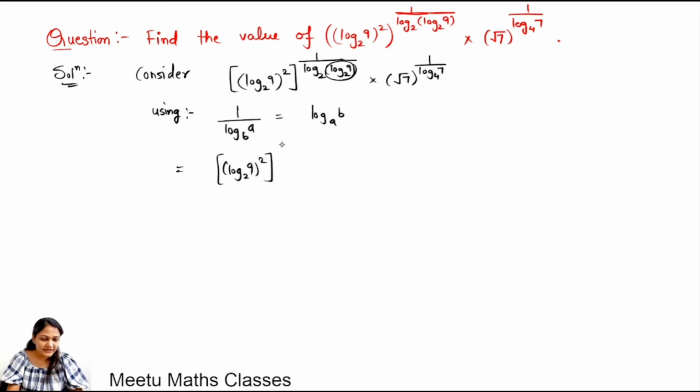So this can be written as log of 2, which is the base, that will become the main, and log of 9 with base 2 will become the base. And here also root 7 raised to power log of 7 and 4, we will interchange their places. So this will become log 4 with base 7.